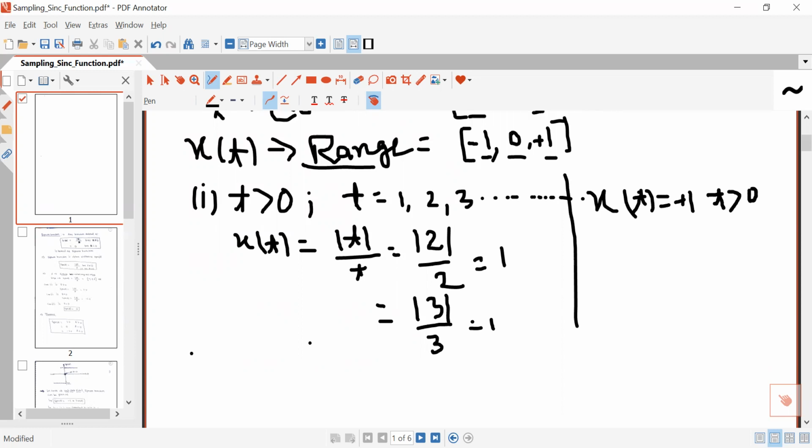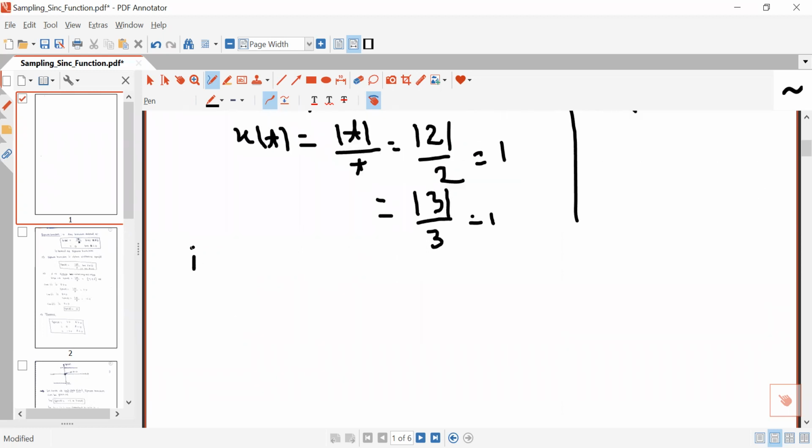Now let us consider the second case, when t is less than 0. For example, if t is minus 1, minus 2, minus 3, or any value which is less than 0, what will be the value of x(t)?